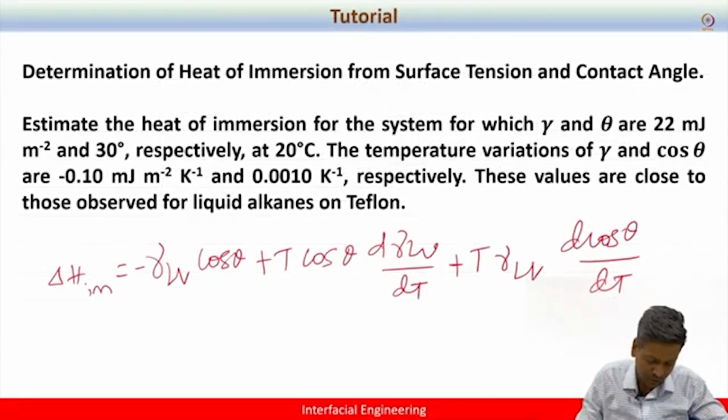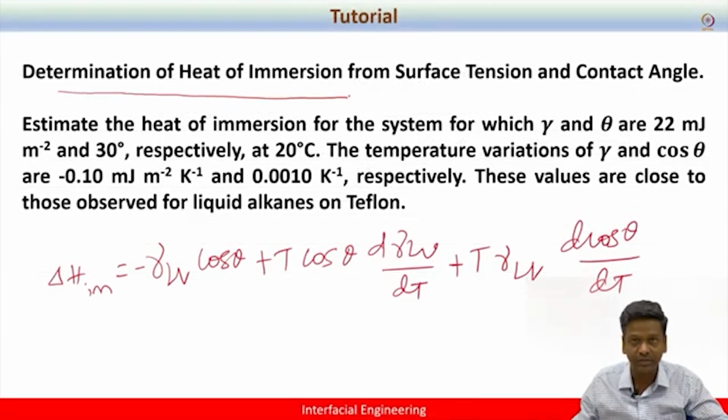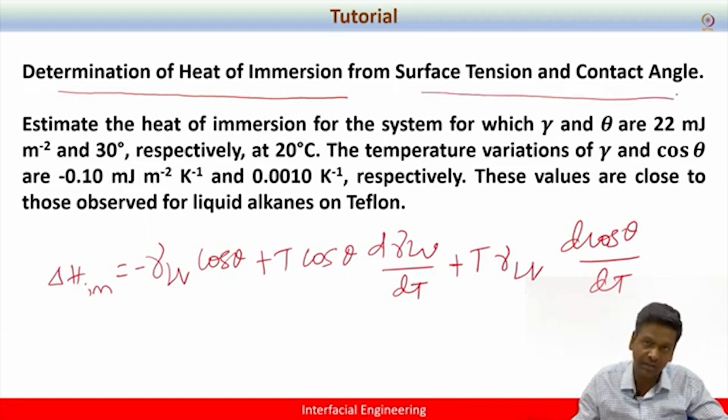We will try to look at this problem, that is the determination of heat of immersion based on the surface tension and contact angle data. This is based on the application of Young-Dupré, which we derived in the previous class. In this problem, some data have been given already.